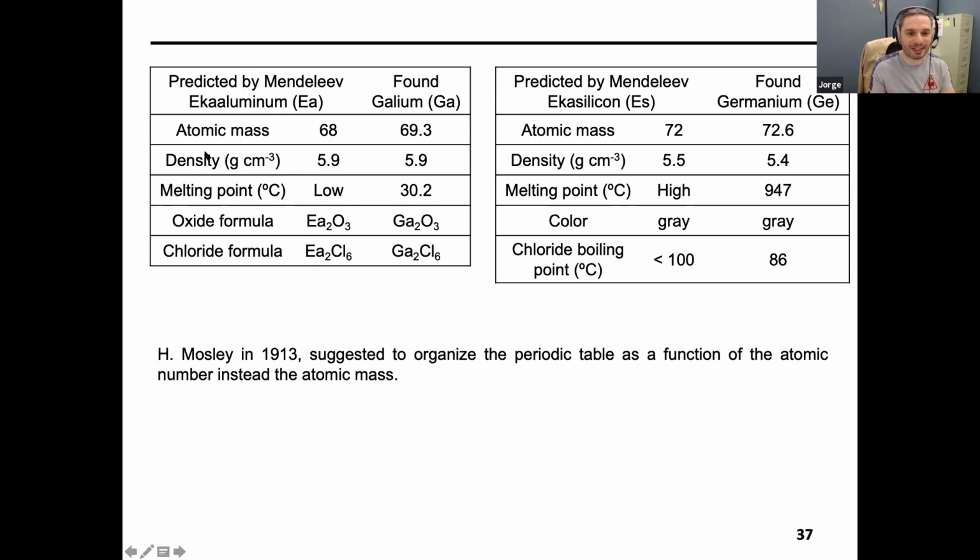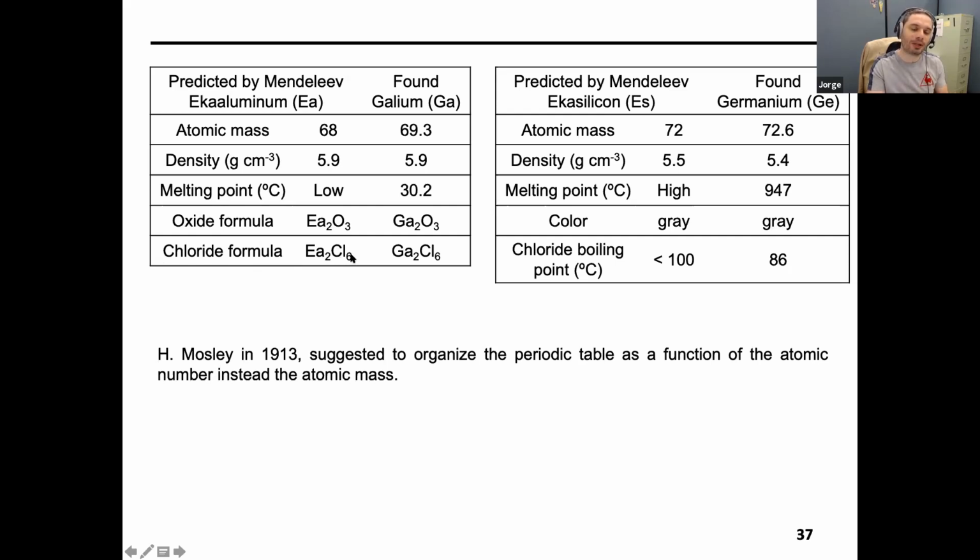So he predicted, without knowing the element, the density, 5.9. He said the melting point would be low, so that's a little bit general. This element will form an oxide with formula Ea2O3, and the chloride will be Ea2Cl6.